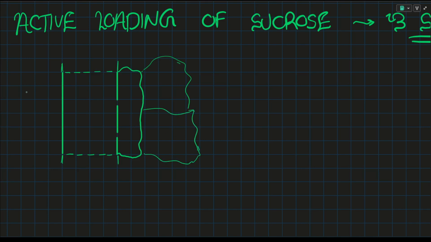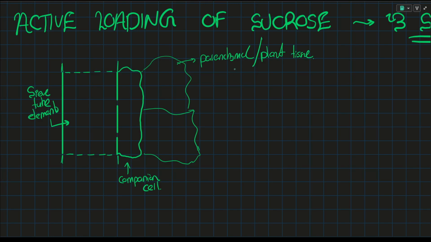And what were these parts? The first part was sieve tube elements, and then we have the companion cell, and then just parenchymal plant tissue, some kind of plant tissue, and these are the general structures.